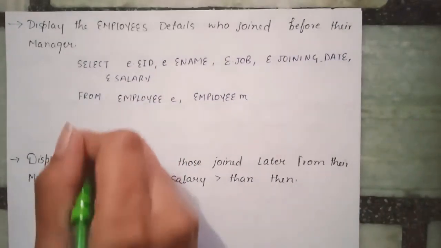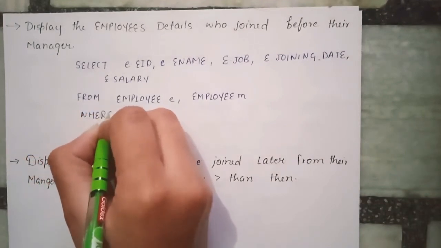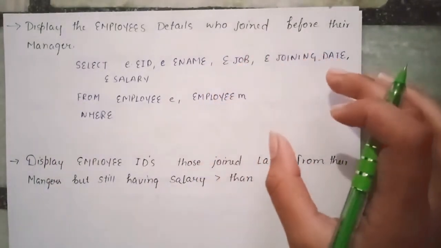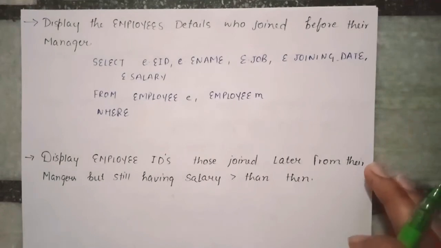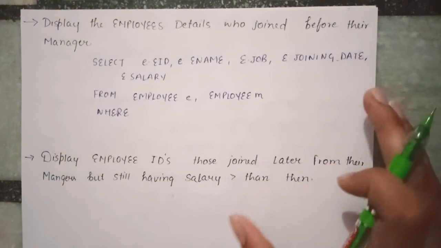Okay, now here we will specify the condition where, so what is the condition over here? We want those employees whose joining date is before their managers'. That means the employees who are having a joining date less than the manager's date.